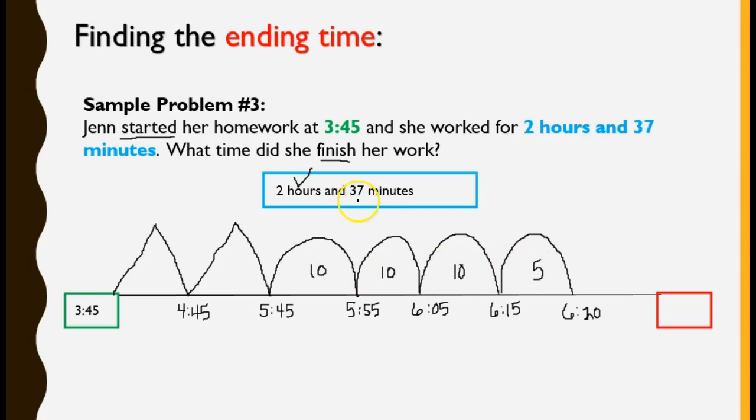I need 37 minutes, so I'm going to make 2 little rocks. 6:21. And then one more little rock. And I end at 6:22. So Jen finished her work at 6:22.